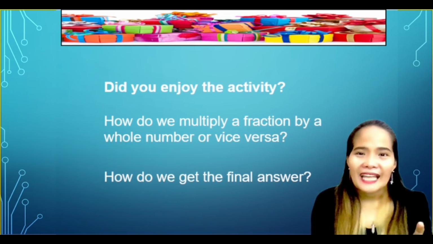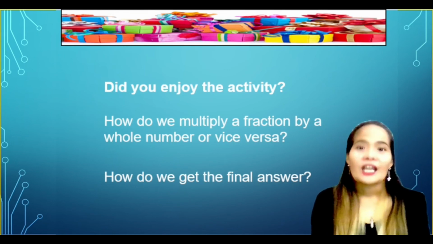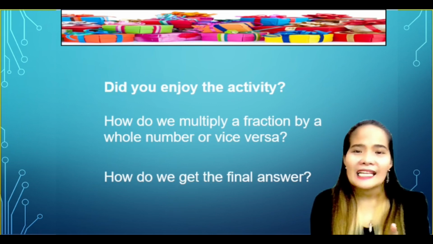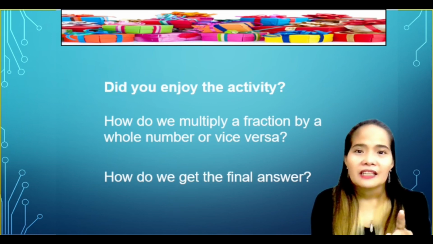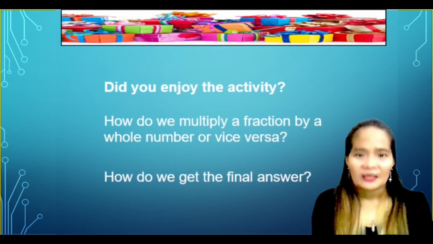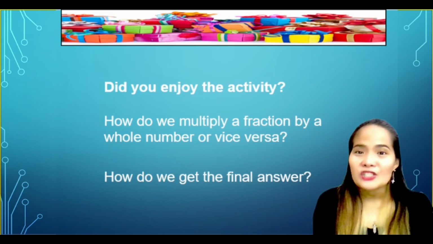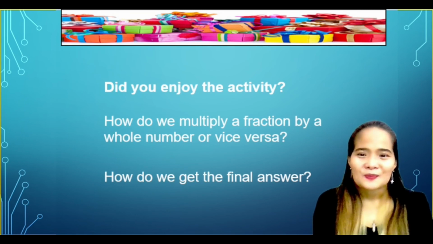For the final answer, you have to change it to lowest term by simply dividing the numerator and the denominator by its greatest common factor. And don't forget, make sure it is the lowest term that you are giving out.